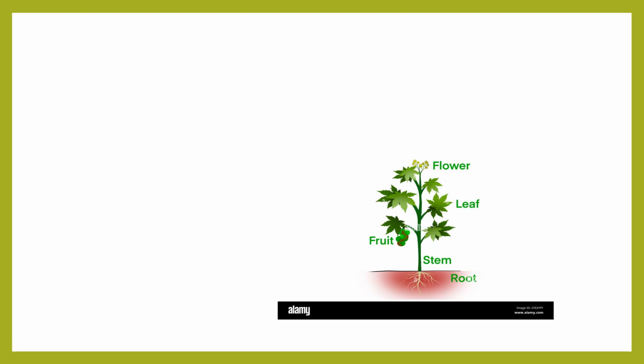Now we are going to start talking about the upper part of the plant, or in other words, the overground part of the plant. This part is called the shoot system.